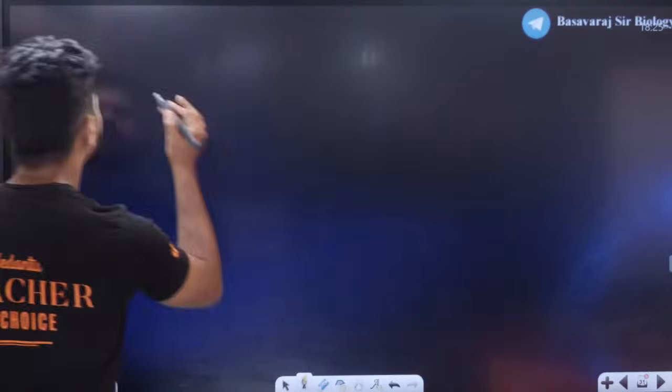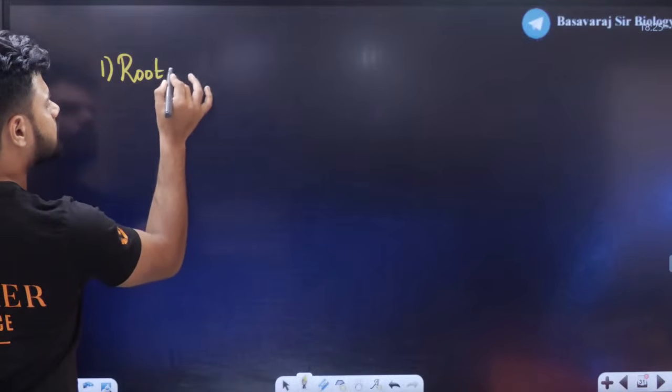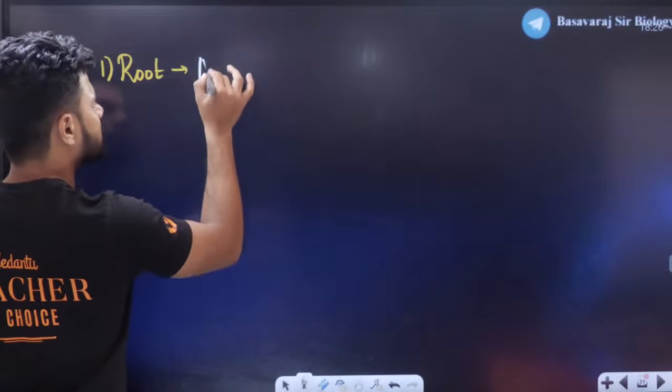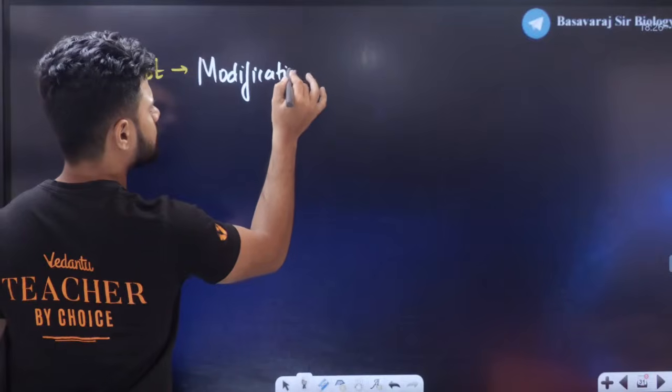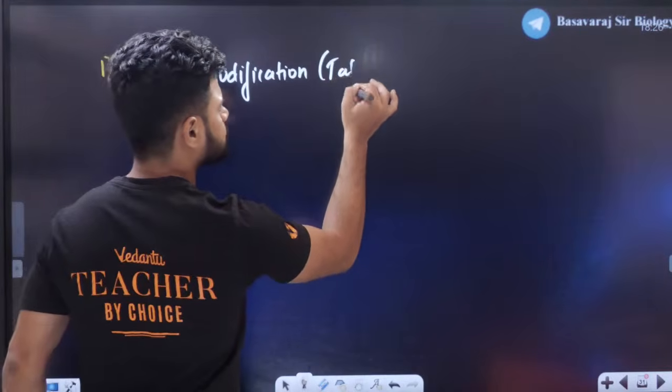Now students, did we observe anything special in the roots here? Yes. The roots showed modification here. That is taproot modification.